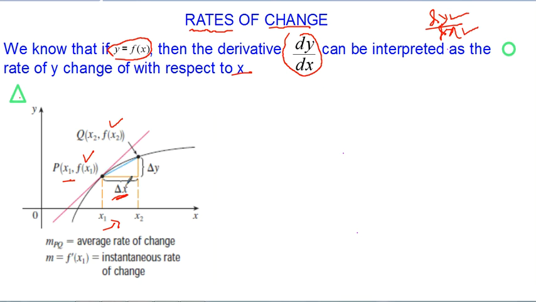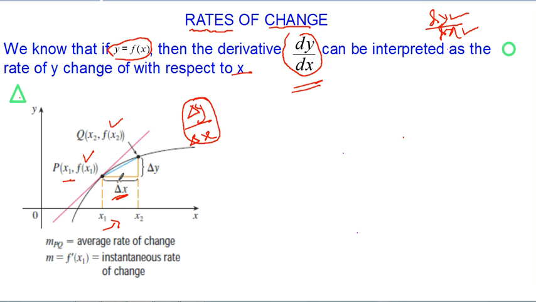Now we can consider this PQ as a secant line, and the slope of the secant can be represented by del y upon del x. So this is del y by del x, which represents the change of the function. Now let me see how it is going to be represented by the rates.